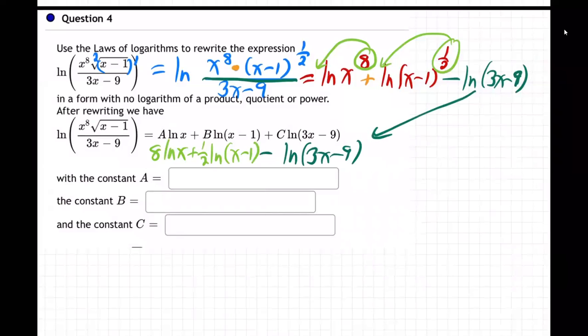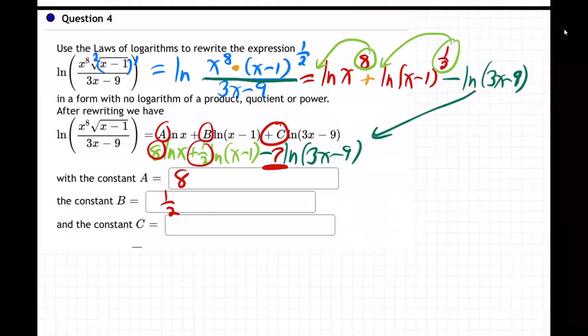Okay, so let's identify our A, our B, and our C. So A is 8. That's easy. B is a half. That's easy. Now, what is C? What number is in front right here of this natural log? There's no number there. What does that always mean? Could I put like a 7 there?